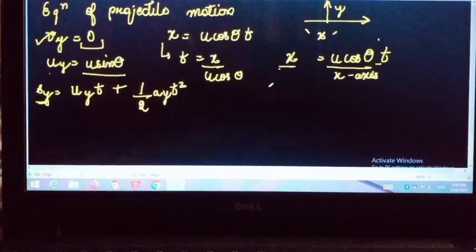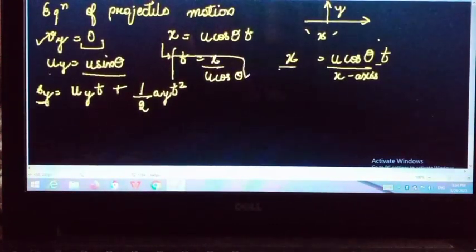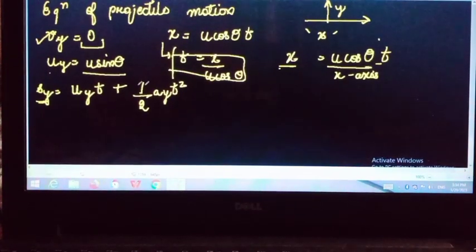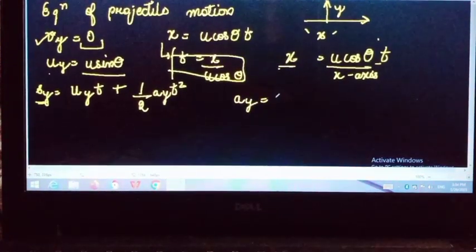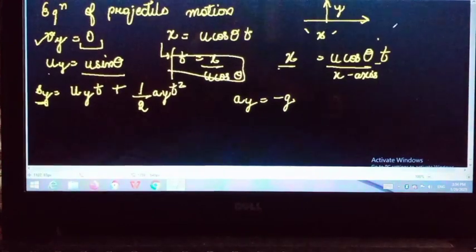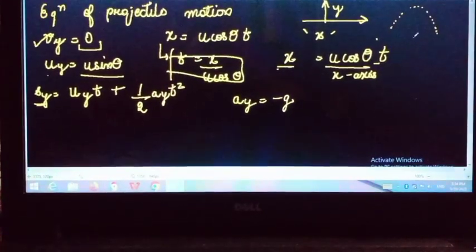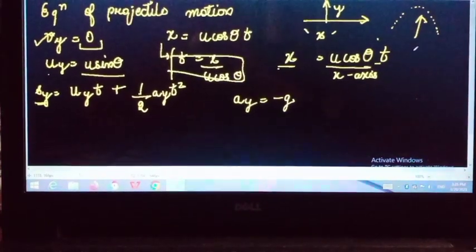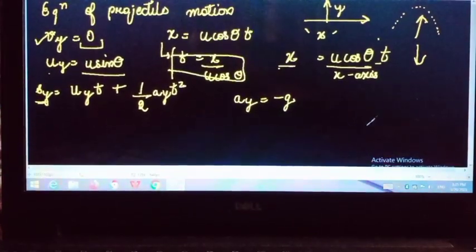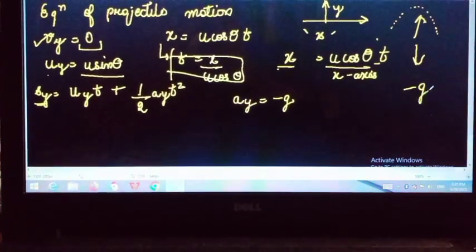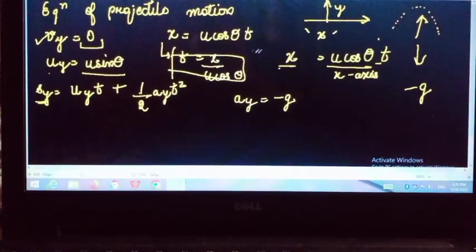We can write t as this, while ay is equal to minus g, because the projectile is heading upwards in the air, which is opposite to the gravity of the earth. So we take the acceleration due to gravity as minus g, and t here is x upon u cos theta.